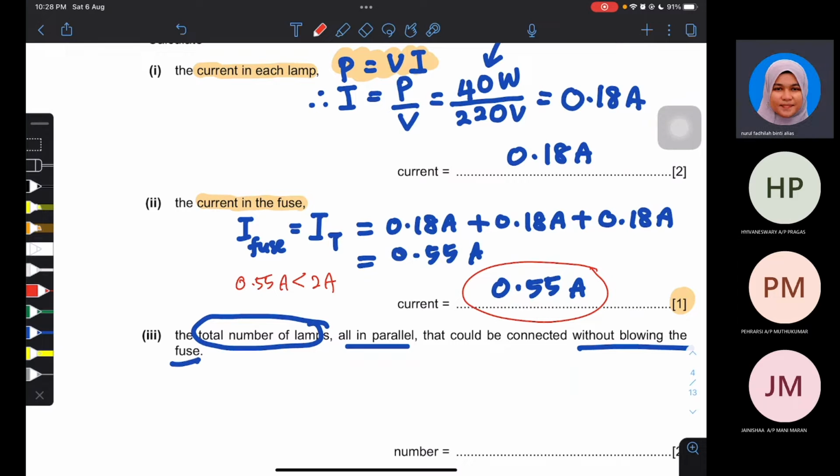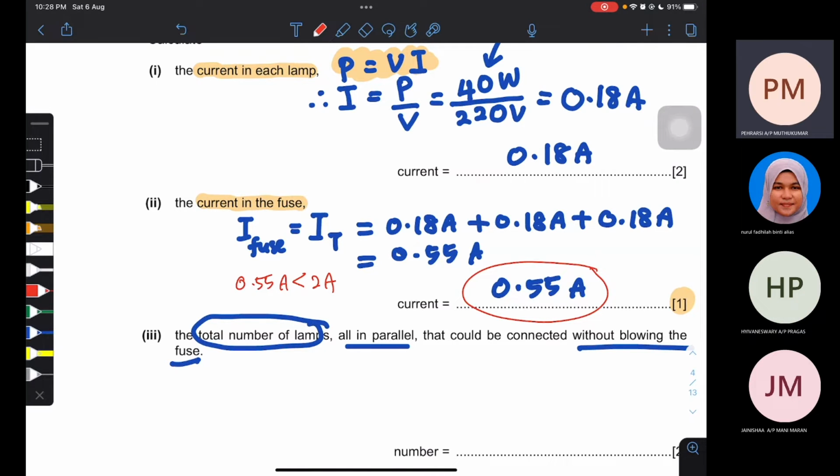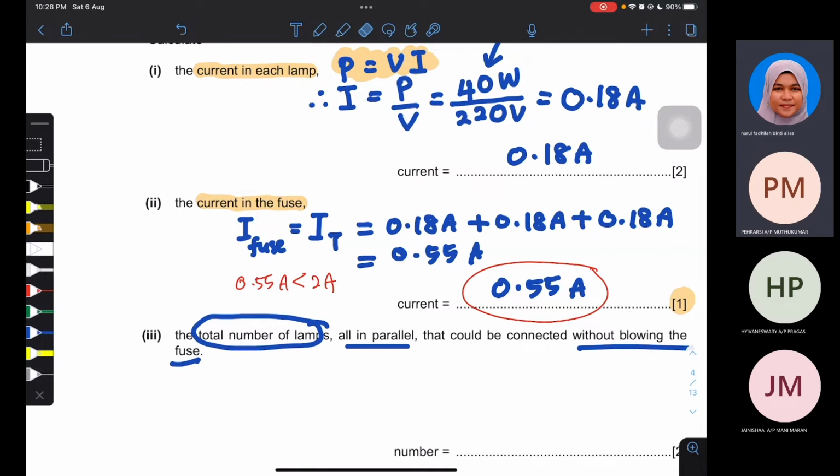Jadi dia takkan melt. Teacher, yang jawapan tadi tu 0.54. Boleh lah. Jadi 0.54 kat sini pun still less than 2 amps kan?